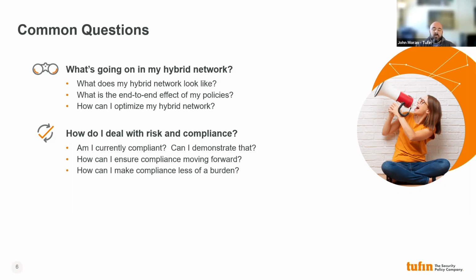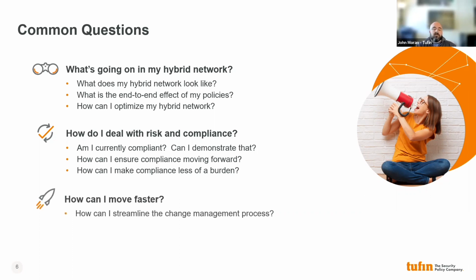How can we solve this problem? And how can I move faster, right? I want that speed and agility of my hybrid network. How can I move faster? How can I take these processes, especially around change management, where I have to ensure compliance has to be baked in? How can I streamline that process and get that speed and agility without sacrificing security?